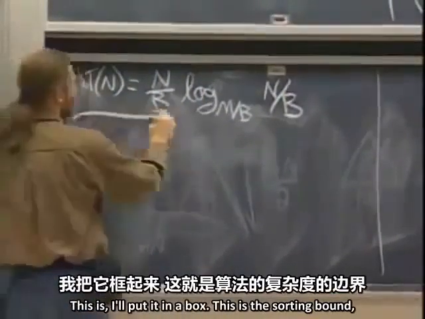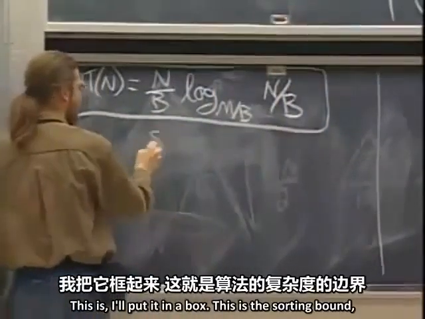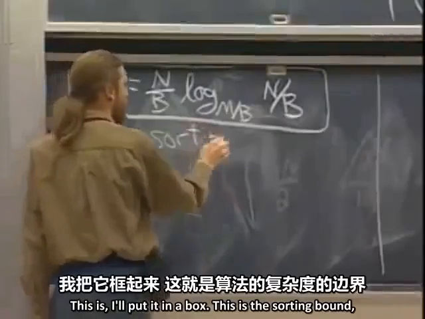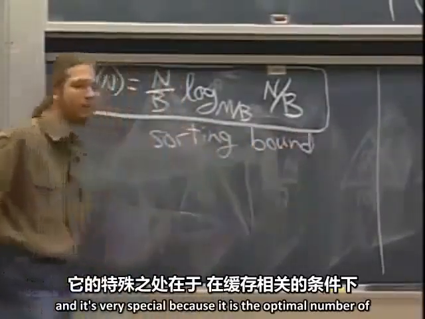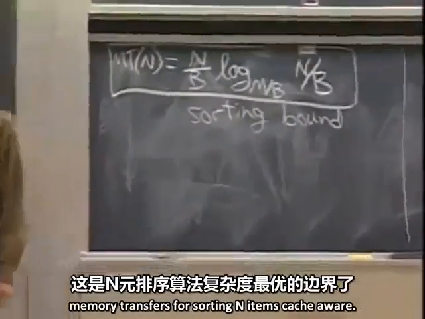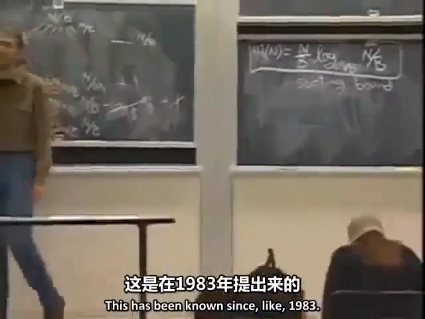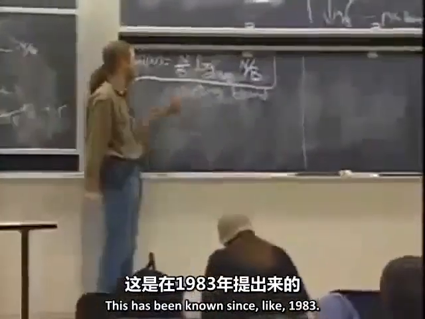I'll put it in a box. How's that? This is the sorting bound. And it's very special because it is the optimal number of memory transfers for sorting N items, cache aware. This has been known since like 1983. Okay, this is the best thing to do.